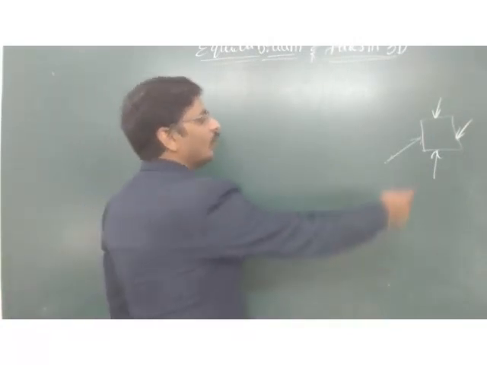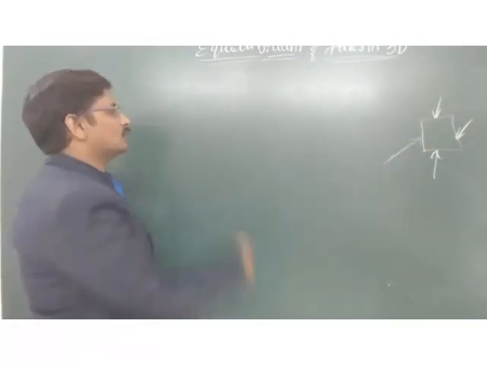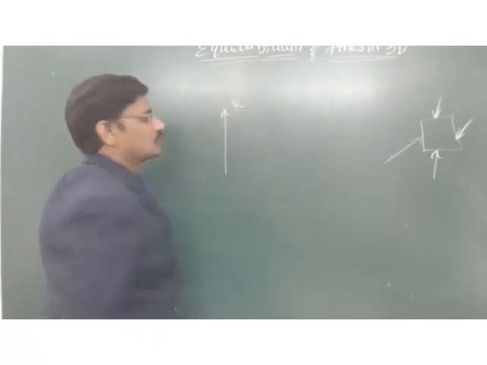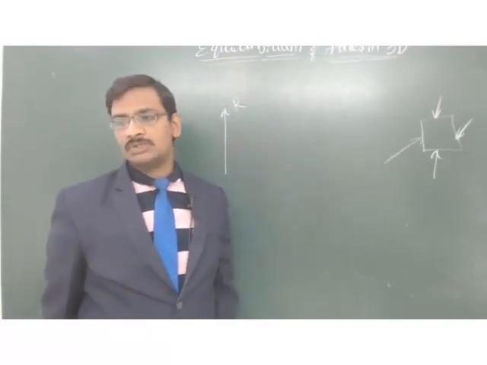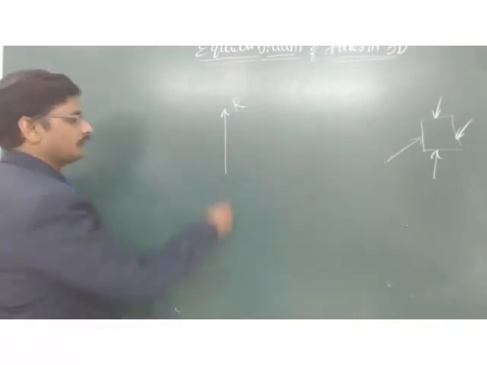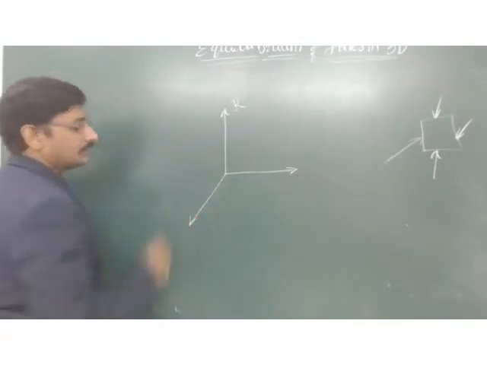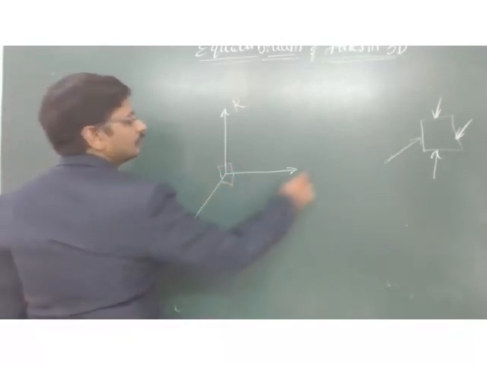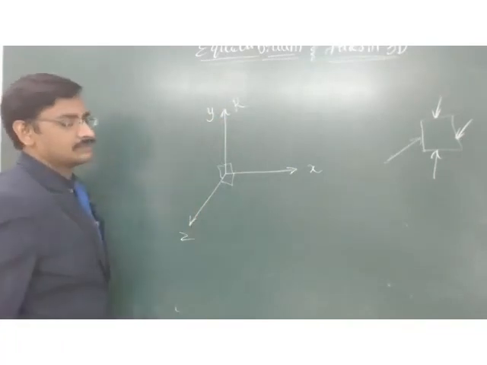See this. All the forces together can be represented by a single resultant force. Let us say this is the single resultant force acting on the body, the equivalent of all the forces together. Now draw a perpendicular line like this and another perpendicular line like this. These are the coordinate axes for us: this is the x-axis, this is the y-axis and this is the z-axis.